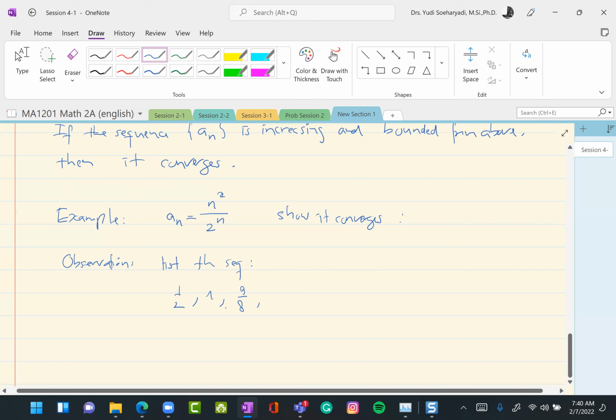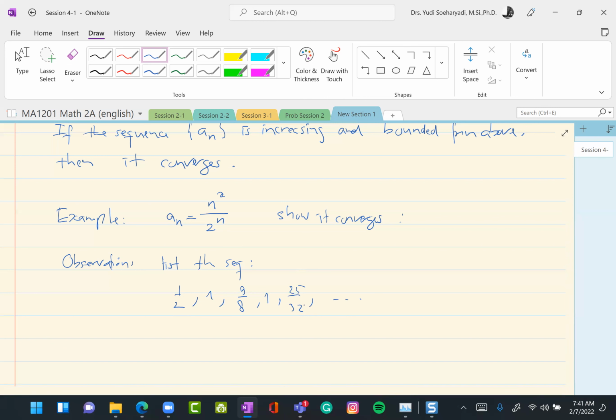Then 4, 16 over 16, again that's 1. Okay. 5, and 5 gives 25 over 32. And so on. So you see, looking at the terms, it is difficult to show that it converges because we cannot predict what the limit is.